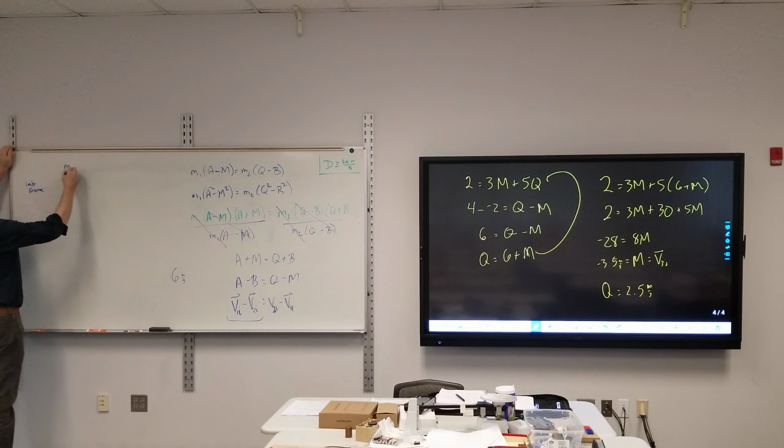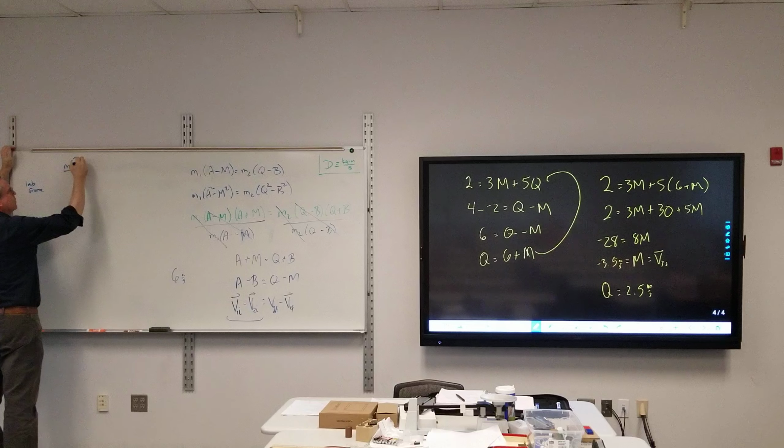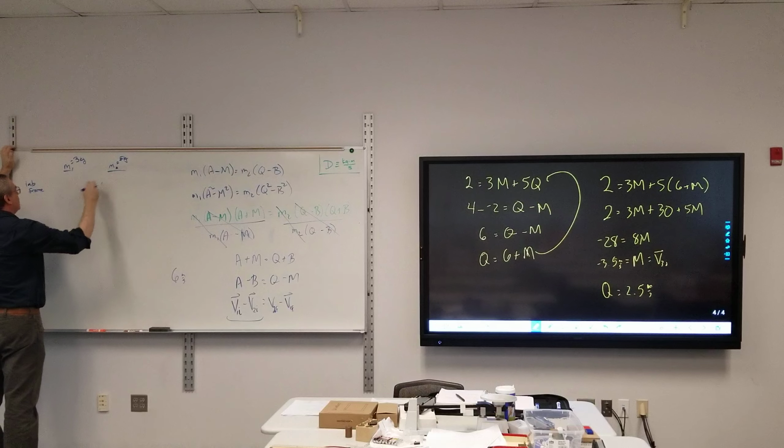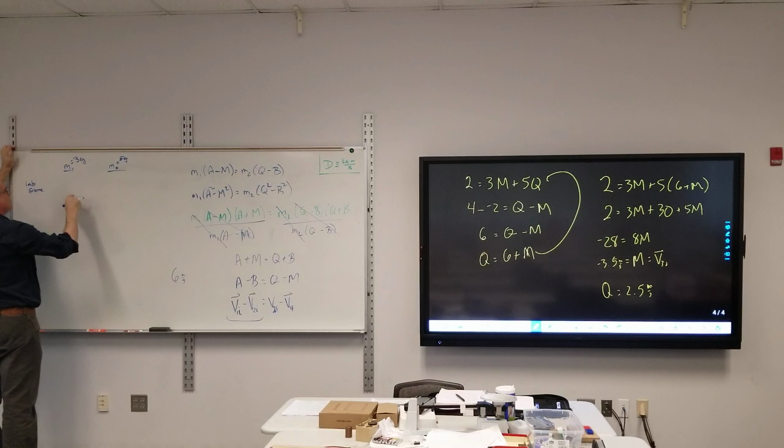I've got mass 1, which is 3 kilograms, mass 2, which is 5 kilograms. So in the lab frame, this is going 4 meters per second.